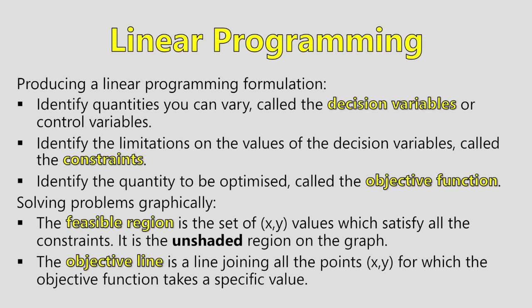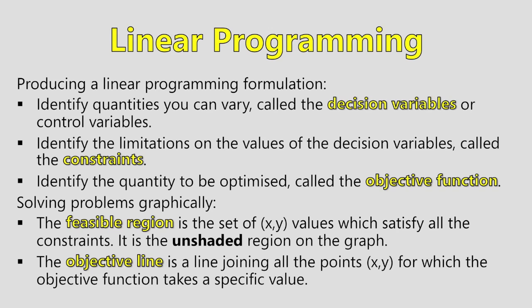So, solving problems graphically, you basically plot it on a graph. I don't know if there's an algorithm. I don't have one. There might be. Have a look. The feasible region is the set of xy values which satisfy all the constraints, and this is basically the unshaded region of the graph.